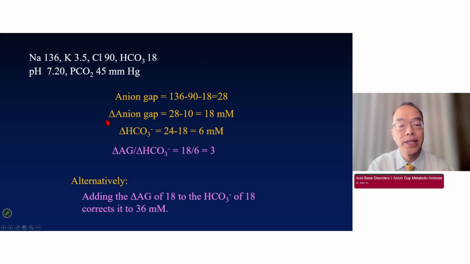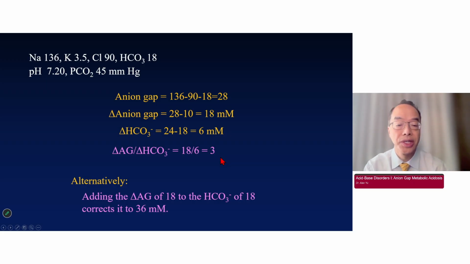We can calculate the delta-delta. The anion gap delta is 28 minus 10, which is 18. The delta bicarbonate is 24 minus the actual bicarbonate of 18, which is 6. And you can see the ratio of the anion gap delta to the bicarb delta, 18 over 6, is 3, which is really very high.